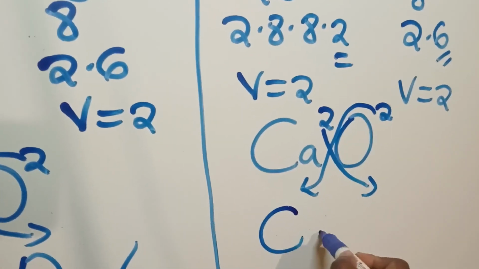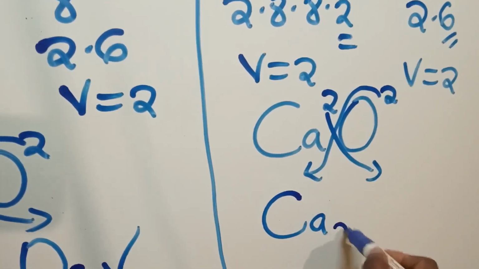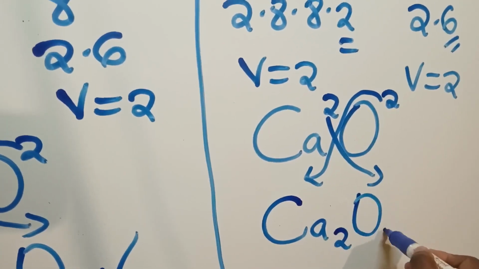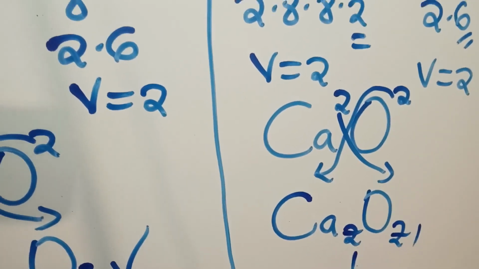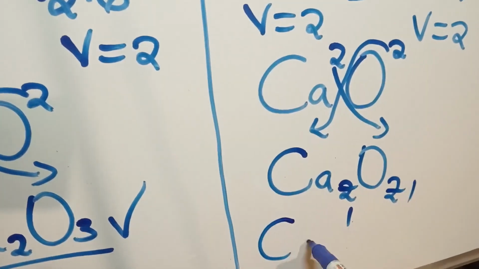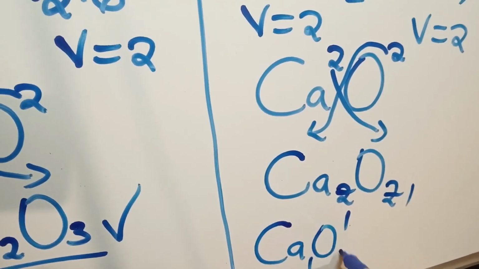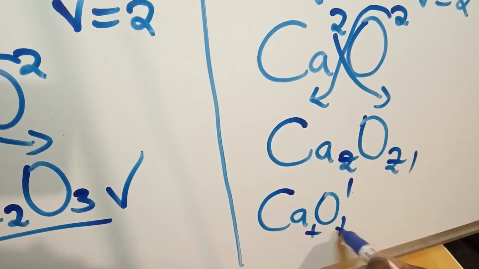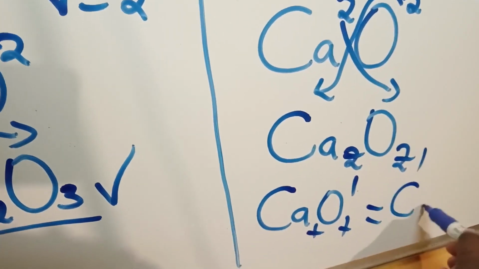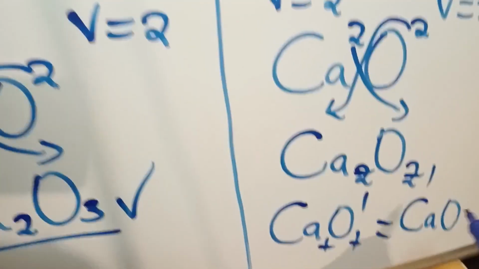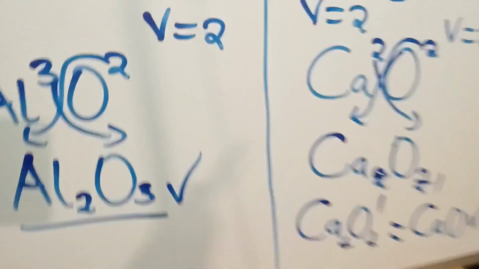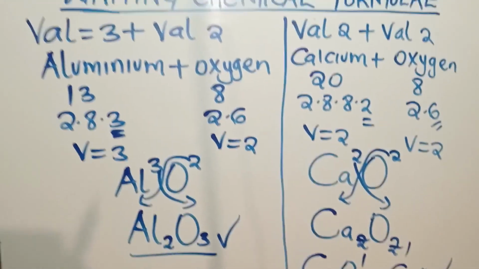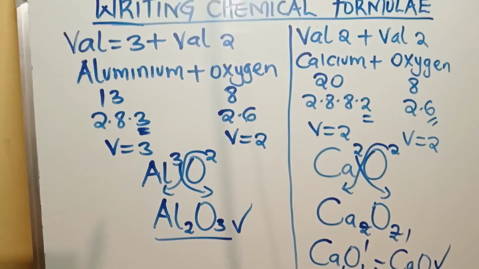So calcium gets the 2 from oxygen, where oxygen gets the 2 from calcium. These ones can cancel out, 2 by 2, 1. Then we go to calcium 1, oxygen 1, and then we ignore the ones. So calcium oxide gets that formula, and it is again very correct.